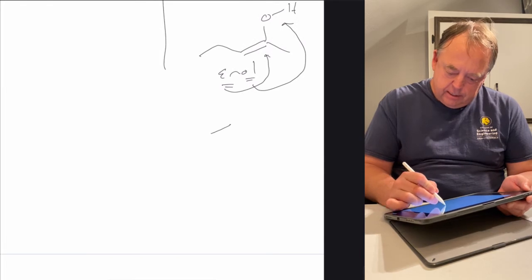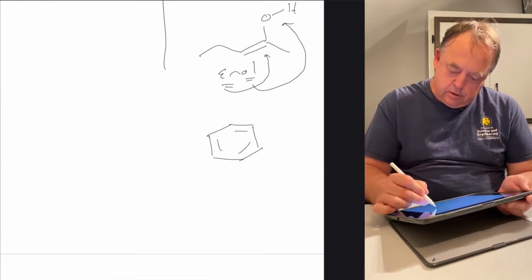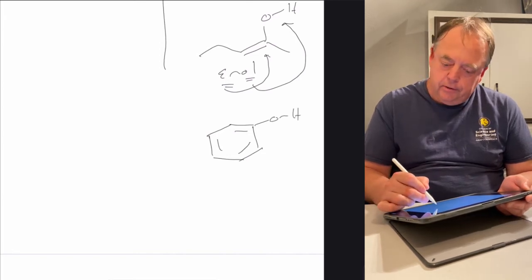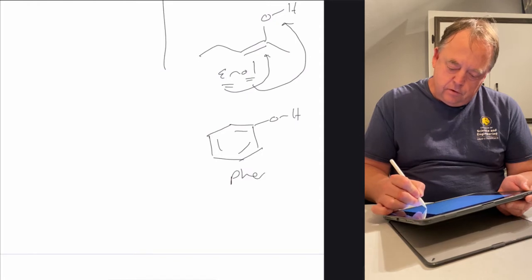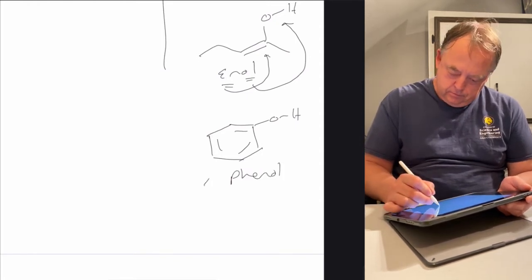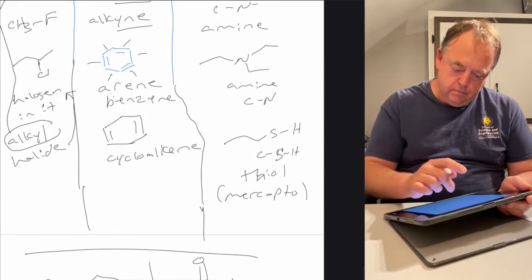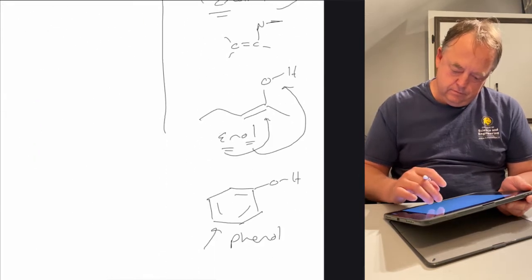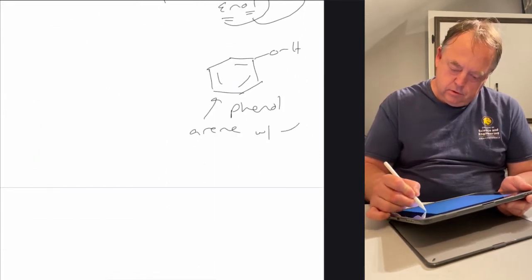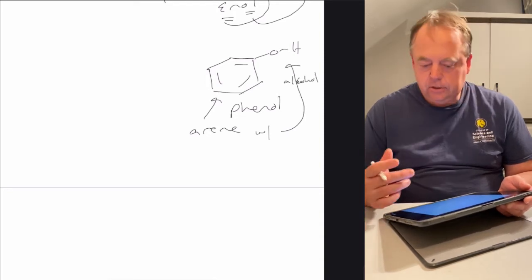So a specific kind of enol would be an OH attached to an arene, and that's what's called a phenol. All right, so we covered the arenes here. So an arene with an alcohol attached is called a phenol.